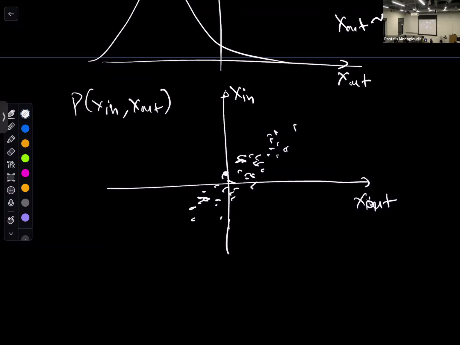Up. So the indoor and outdoor temperatures are, we call it statistically, positively or negatively correlated? Positively correlated. So in fact, this concept of capturing correlations between random variables is of great essence in everything we do.